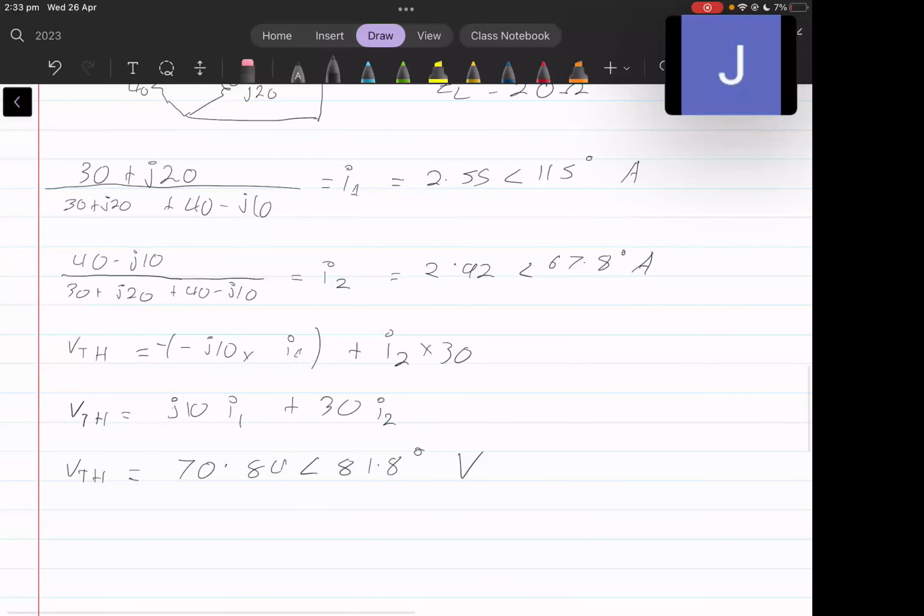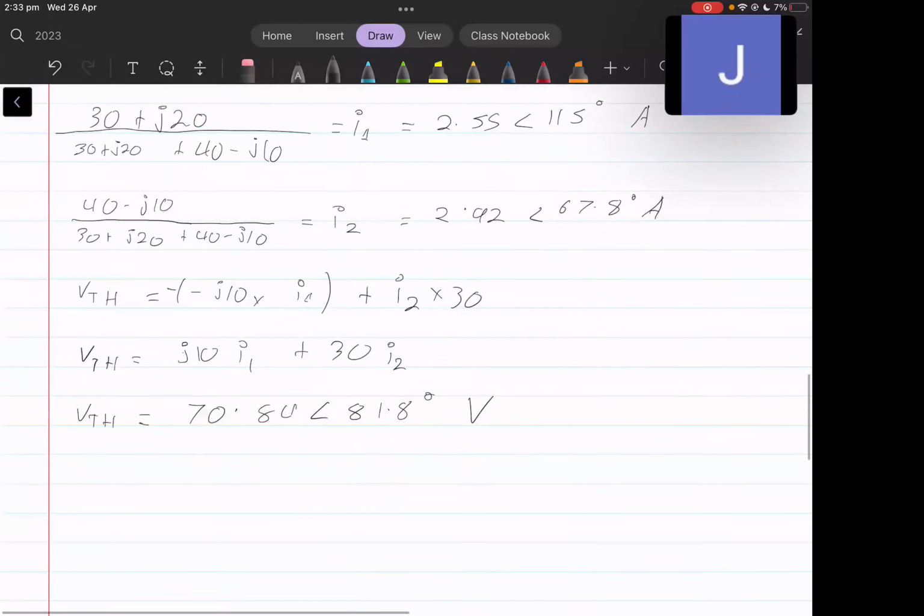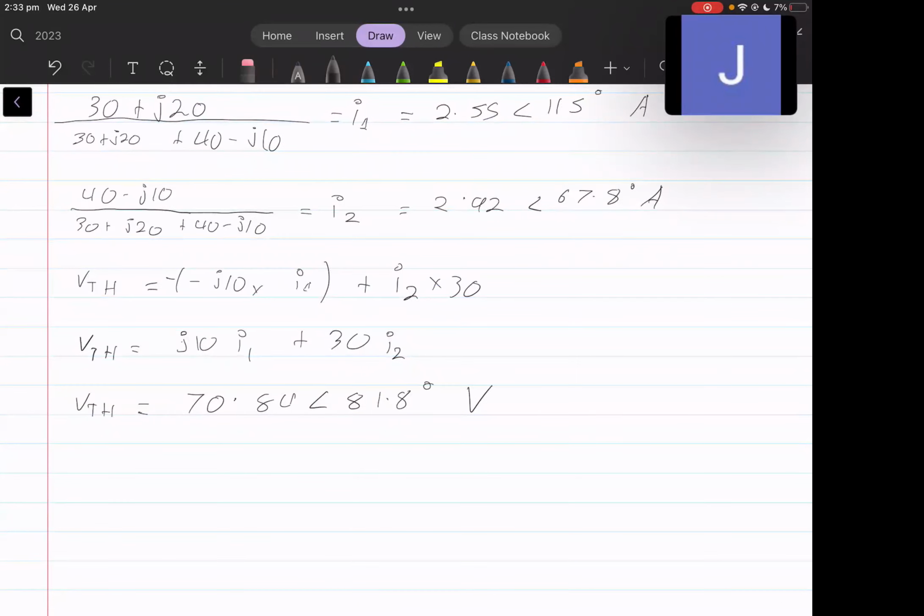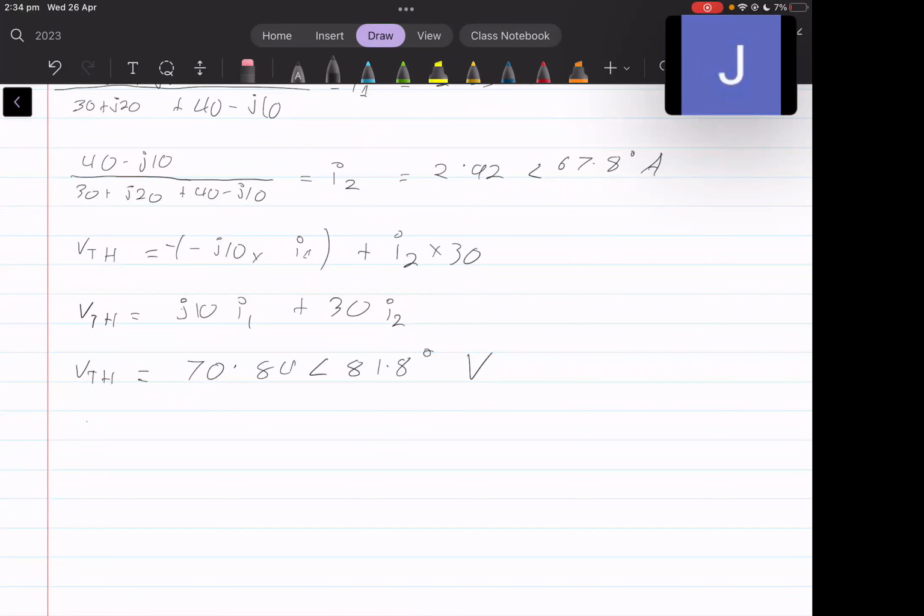So what would the next step be to work out the power in the load? Does anyone know the formula? Yeah. So that's the formula.